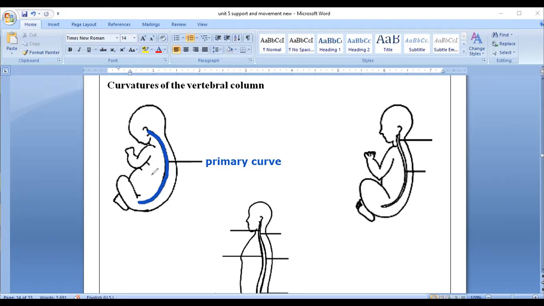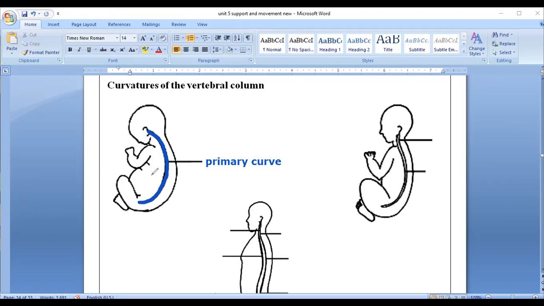Understood? Yes, sir. Actually, this helps the child to curve itself and stay inside the small womb. The uterus is a small one, no? If the child stretches its body, the womb is not enough. Clear?